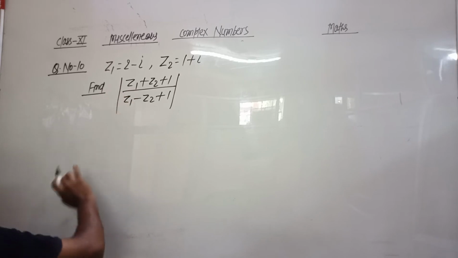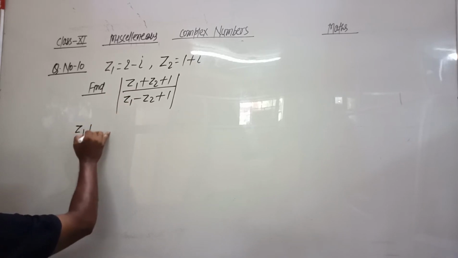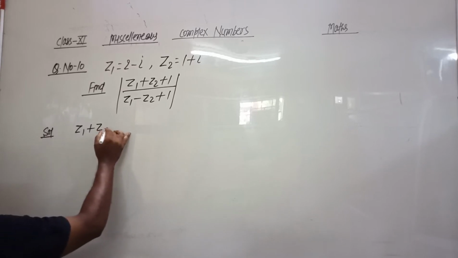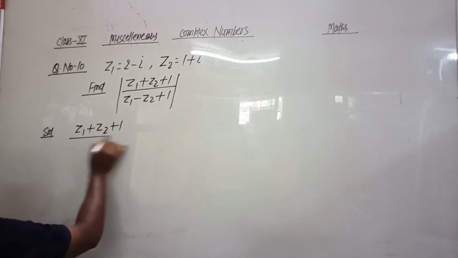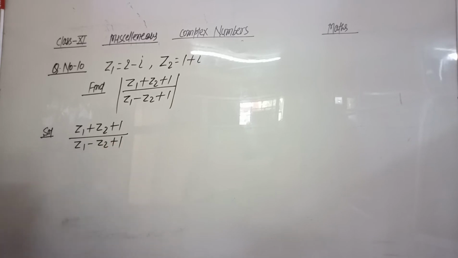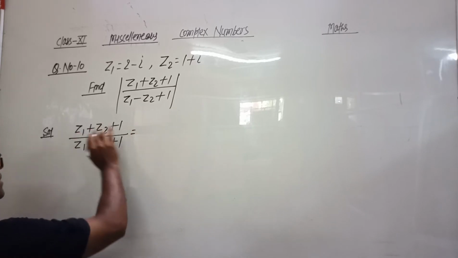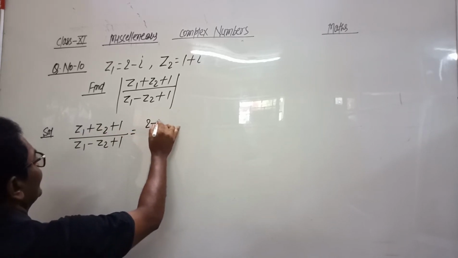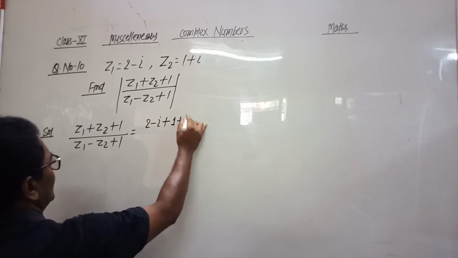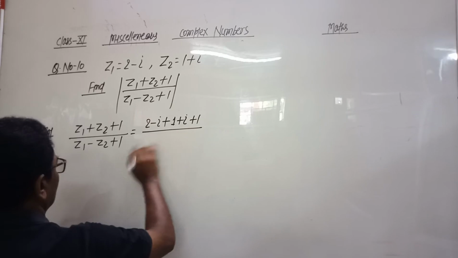So we will find (Z1 plus Z2 plus 1) upon (Z1 minus Z2 plus 1), and put the values of Z1 and Z2 in the expression. The value of Z1 is 2 minus iota. The value of Z2 is 1 plus iota, plus 1.